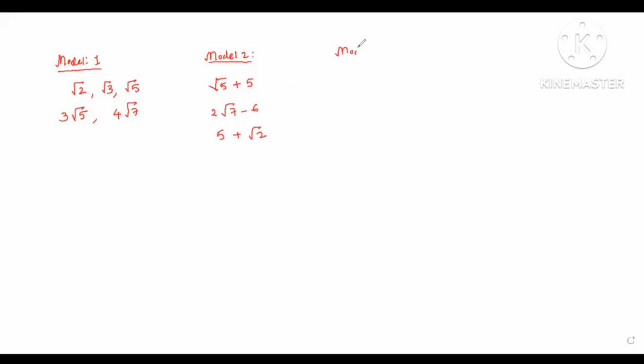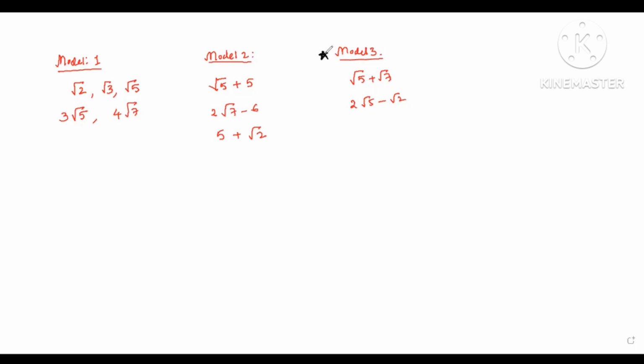Model 3: it will be given as the sum of two irrational numbers or maybe the difference of two irrational numbers. Most of the times you get this problem in examination, so this is most important.